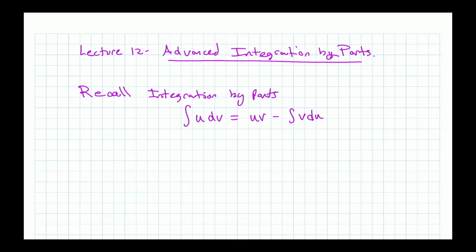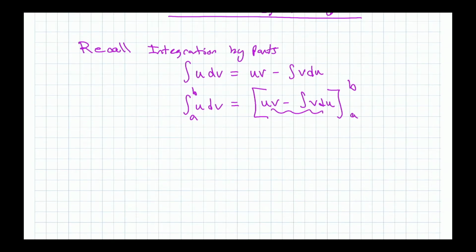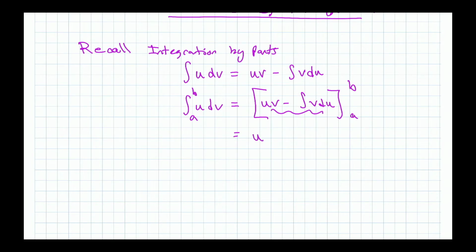Also, we didn't do it last time, but it should come up today, that if you have a definite integral like that, the easiest way to work it out is to just do the same thing, and then when you're done, you work out the entire integral, and then you just plug in your a and b. You'll see it other ways. You'll see it this way: uv evaluated from a to b minus the integral from a to b of v du.